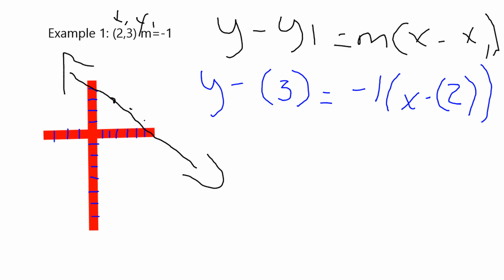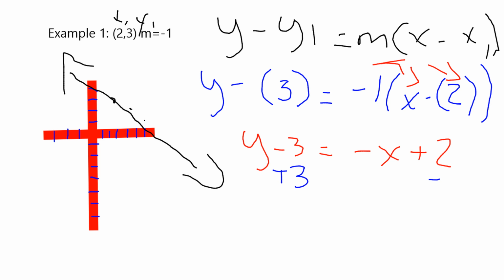Then you're going to simplify this. So this is y minus 3 on the left, and then I use distributive property on the right to get negative x plus 2. The last thing is I need to move this 3 over to the other side, and make sure you're combining like terms. So I get y equals negative x plus 5. And that would be your answer.